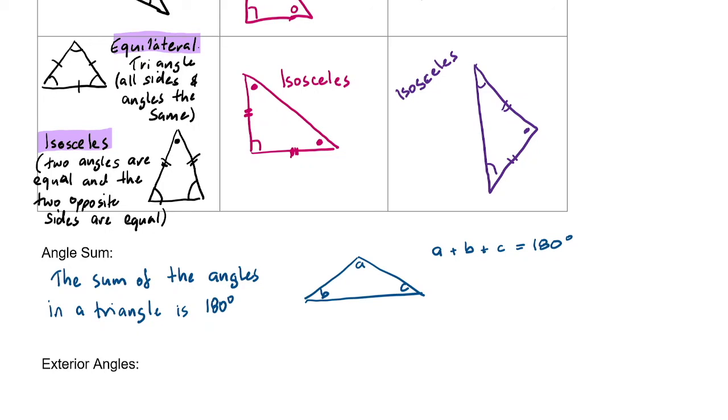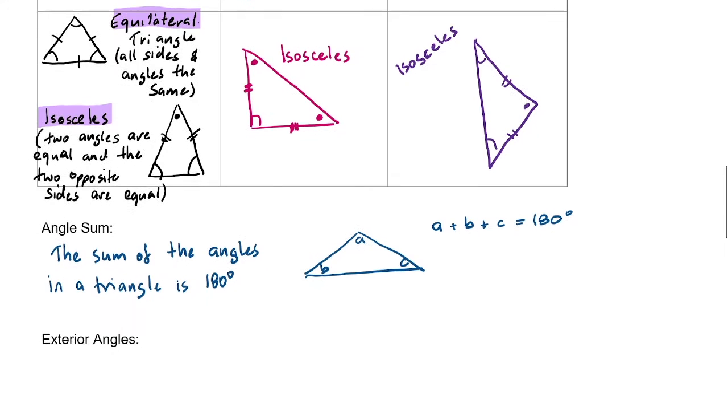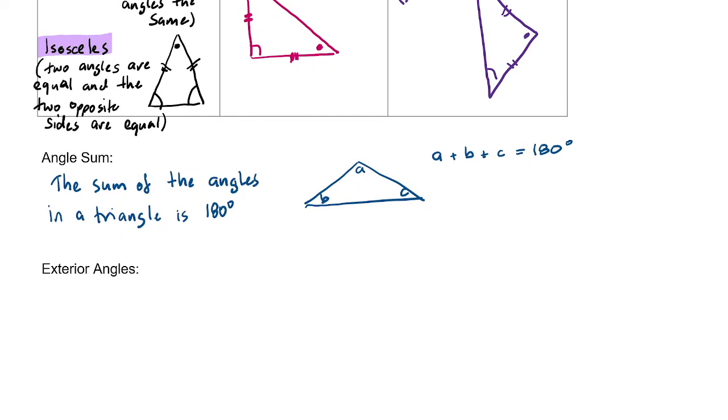And my last little bit for this video is the exterior angles. So what do you need to know about exterior angles? An exterior angle is formed by extending one side of our shape. So that's making one of those sides longer.